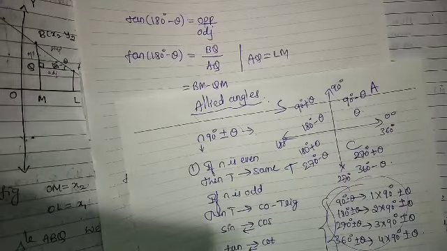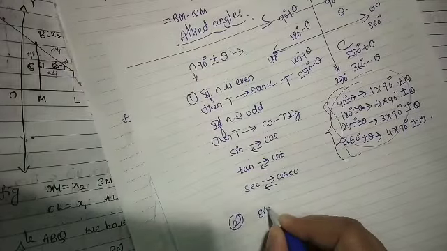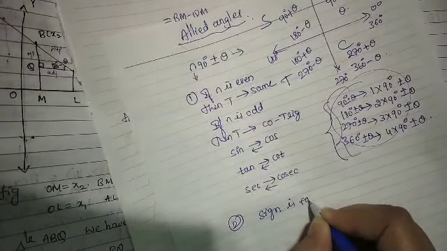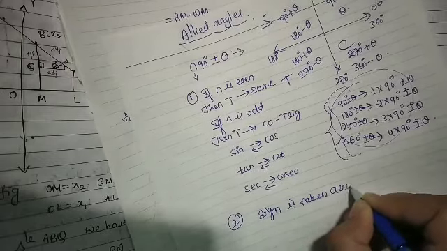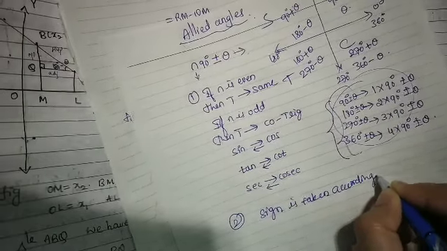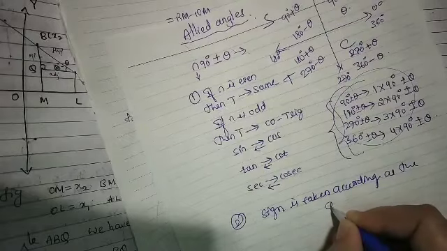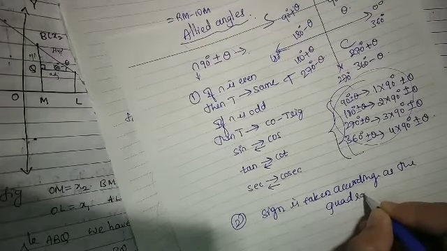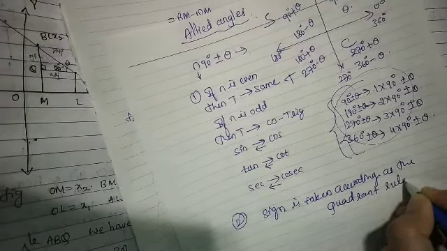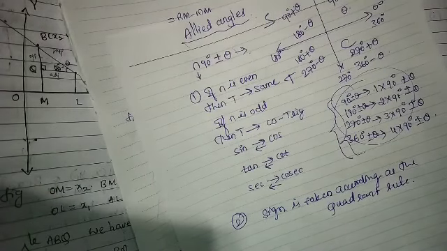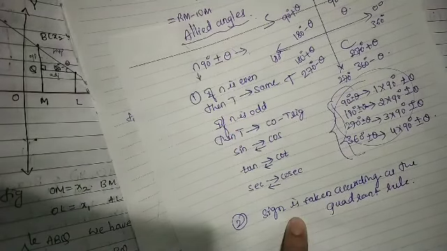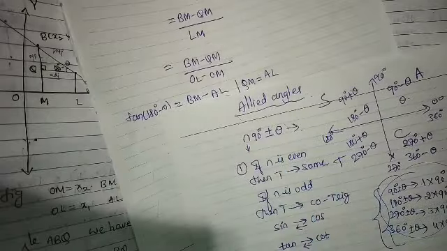So the sign is applied according to the quadrant rule. These are the two conditions we apply in allied angles.